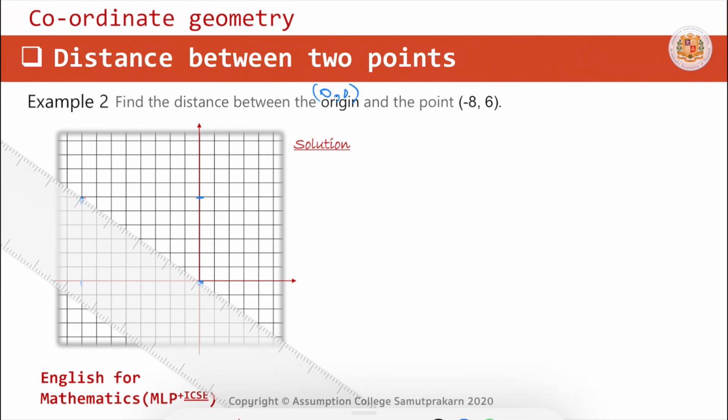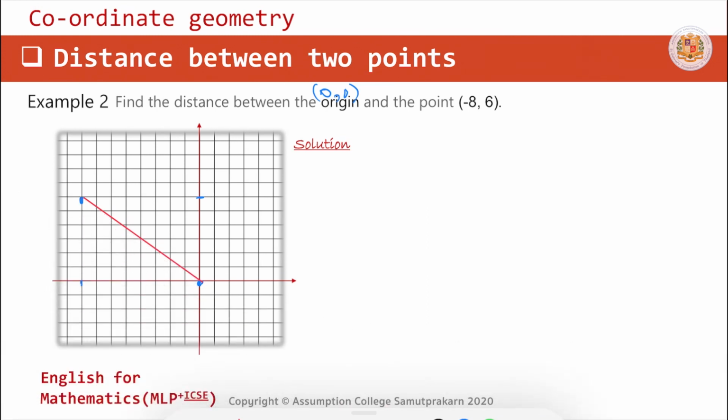And as usual, we're gonna use the formula. The distance between those 2 points, negative 8, 6 and the origin. We have to decide which one is x1, y1 and which one is x2, y2. So I might put x1, y1 here, and x2, y2 here.